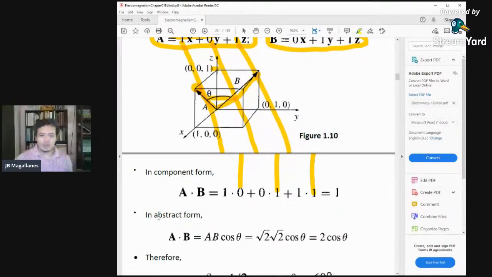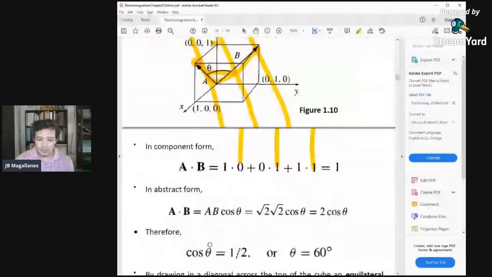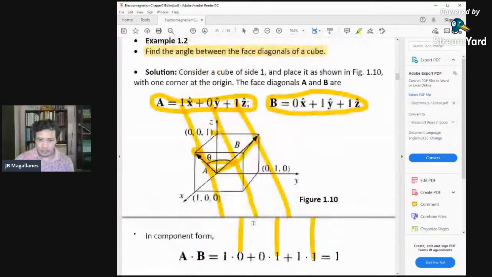In abstract form, you have A dot B equal to AB cosine theta, right? But what is the magnitude of A? The magnitude of A, you can use this formula.